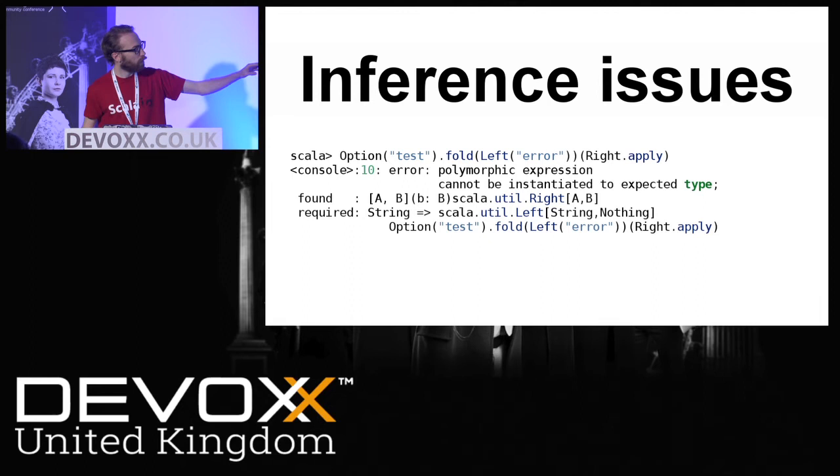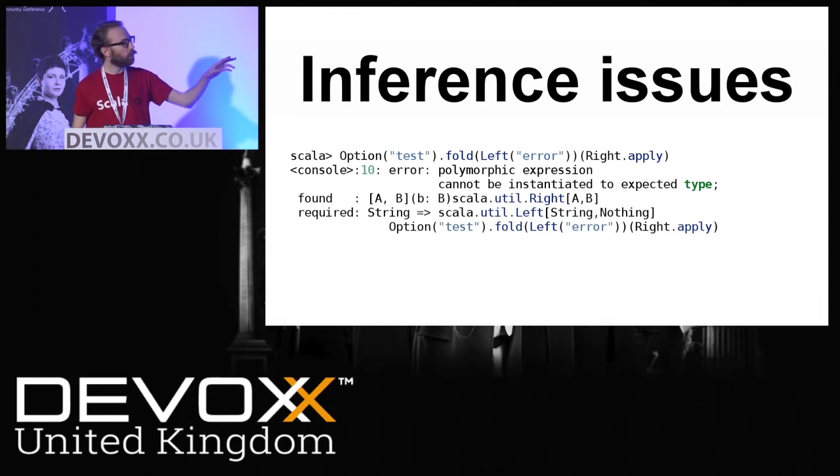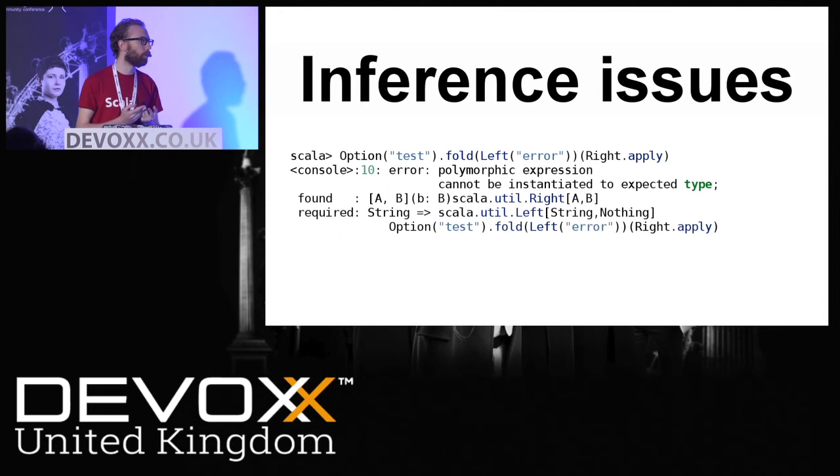And then it will infer that it needs a Left, and it won't be able to unify between Left and Right and find that what you really want is an Either, not a Left or Right. So that's a common problem when working with Either.